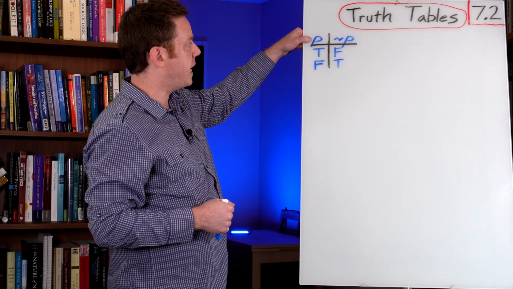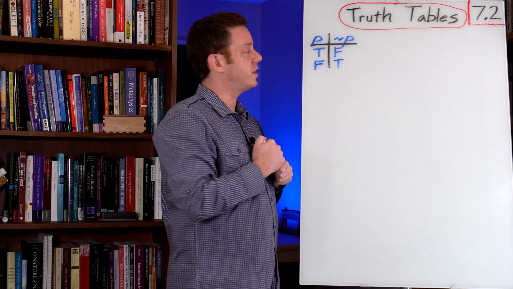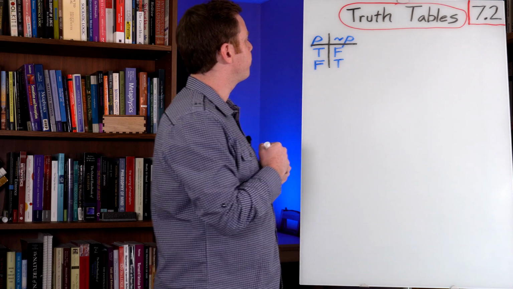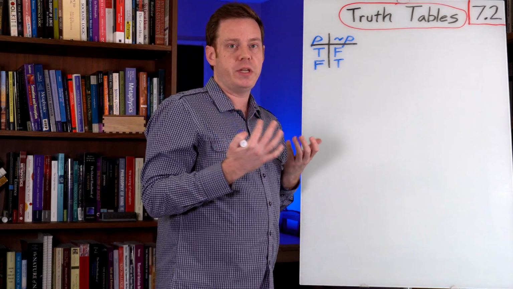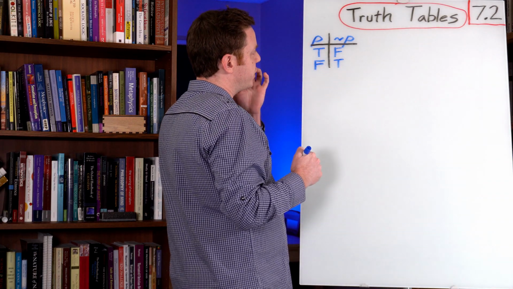Think of this lowercase p as a variable. It could stand for any kind of statement that we'll be using. So it could be an atomic statement or a compound statement.